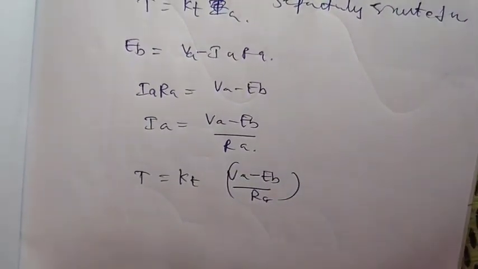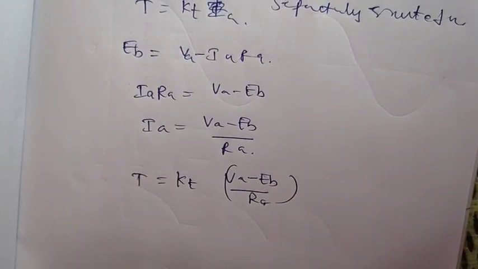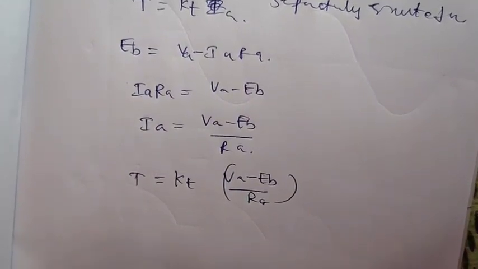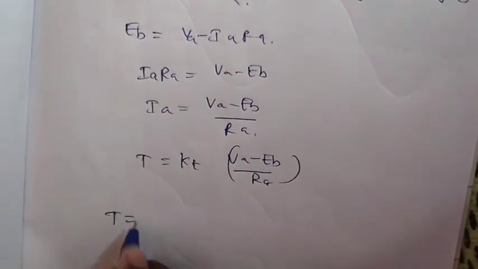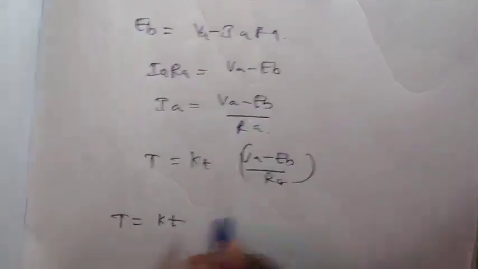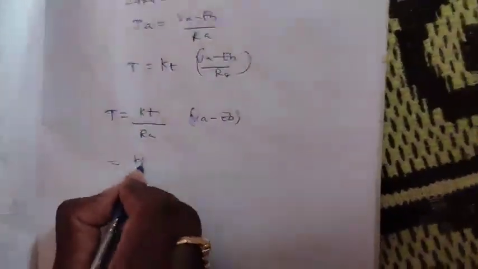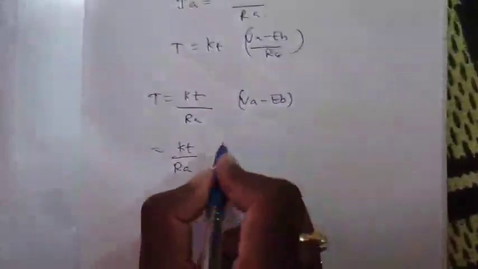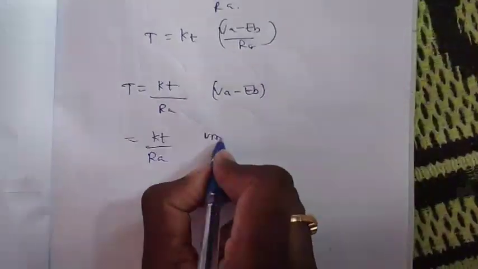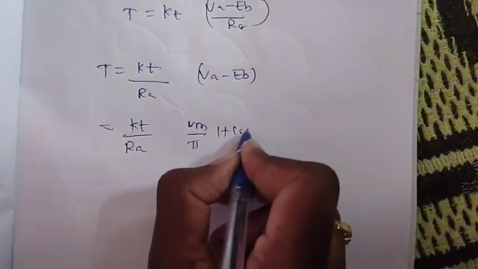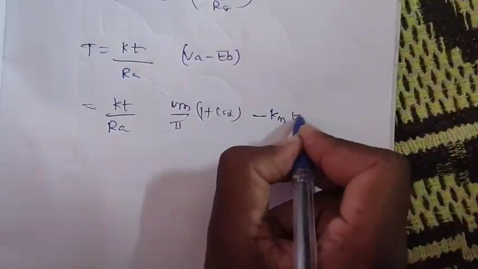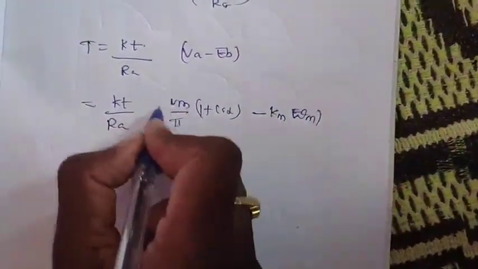So we can write the formula for Eb. The torque equals Kt divided by Ra times Va minus Eb. Substituting Va, that is Vm by pi times 1 plus cos alpha minus Eb, where Eb equals the constant Km times angular speed.